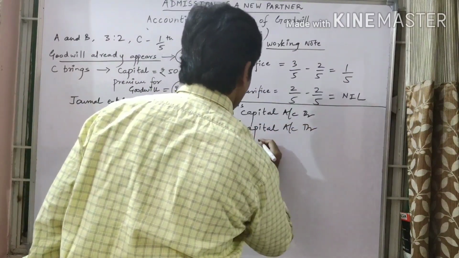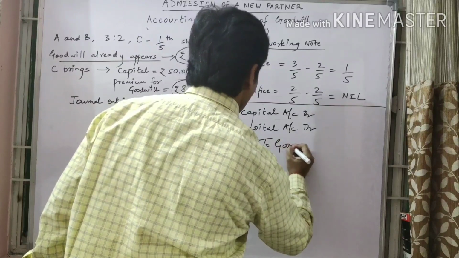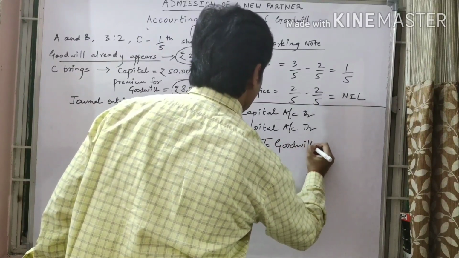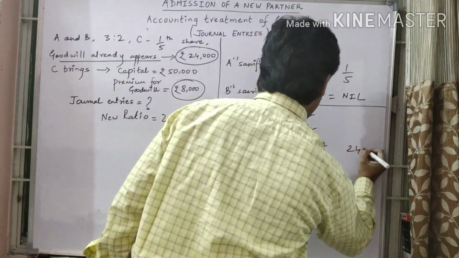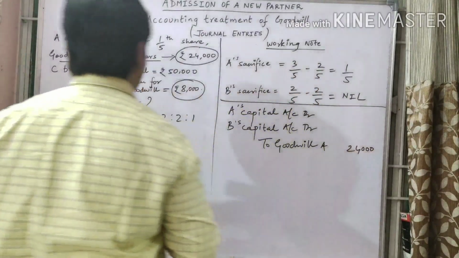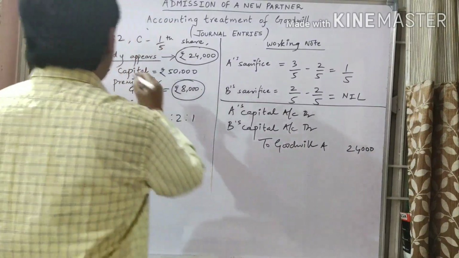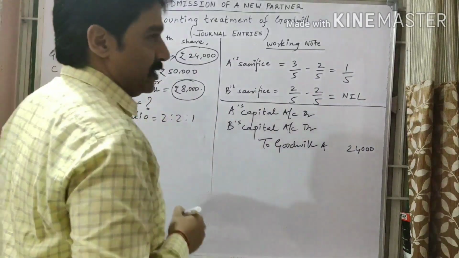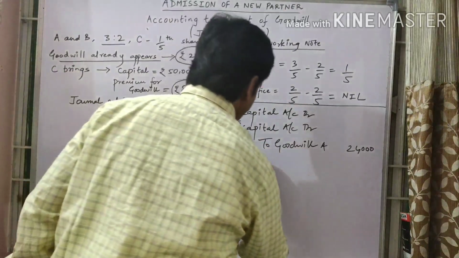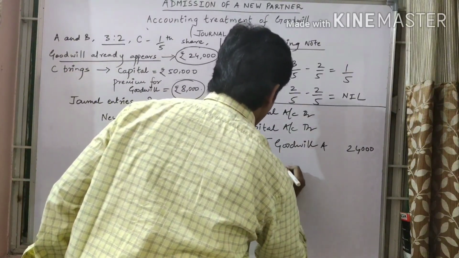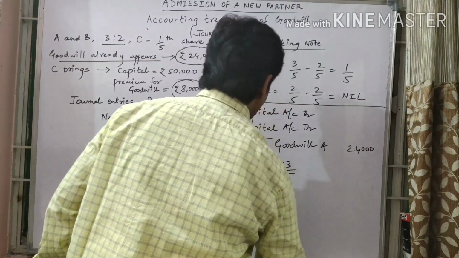to goodwill, and this amount of goodwill which is already appearing in the old balance sheet will be distributed in the old profit sharing ratio. And when you distribute this in the old profit sharing ratio, obviously you have to do this very simple thing.